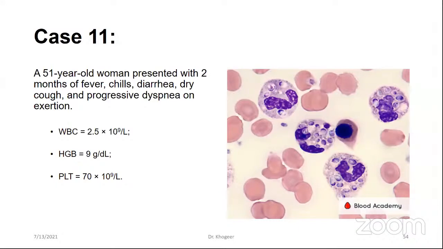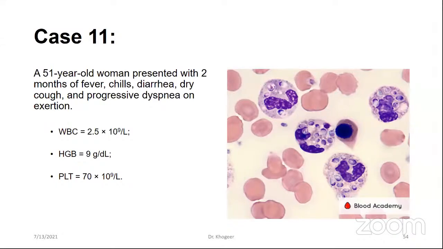But the reactive one starts showing some changes in the morphology, with abundant cytoplasm. The color of the cytoplasm starts to become darker compared to the normal, classical one.